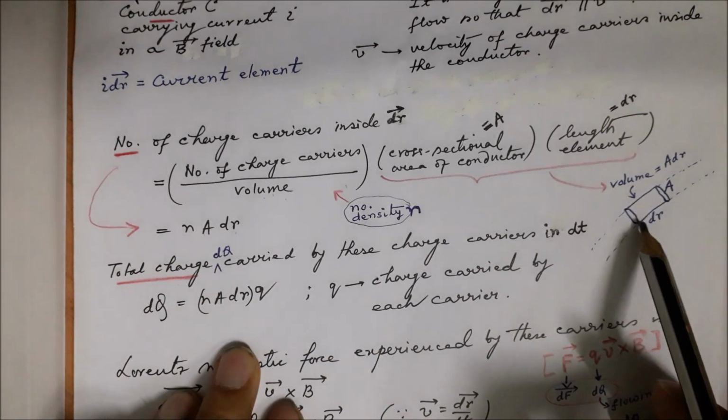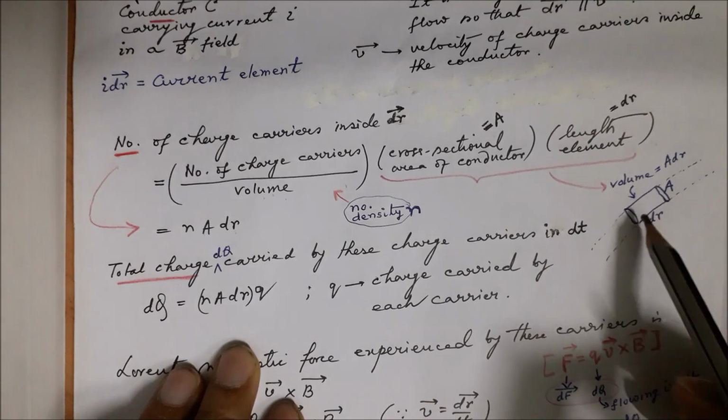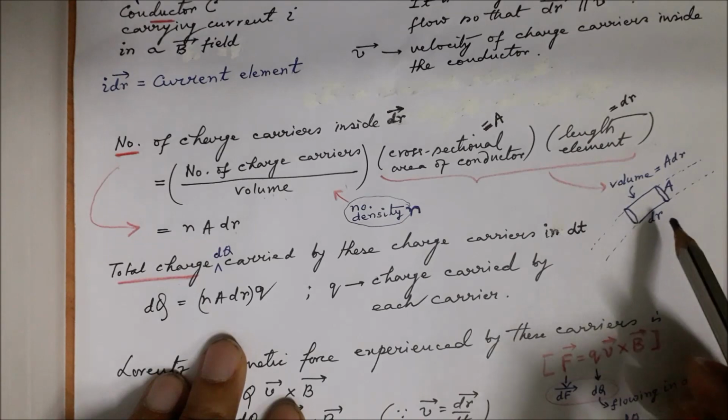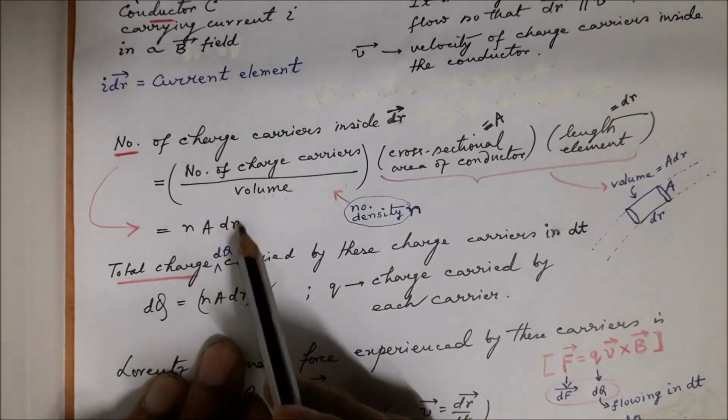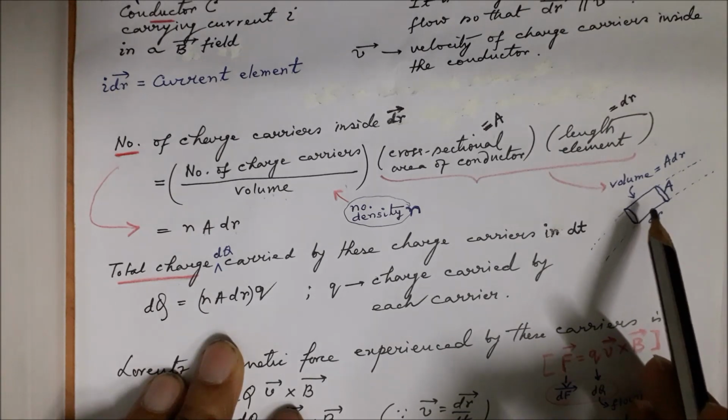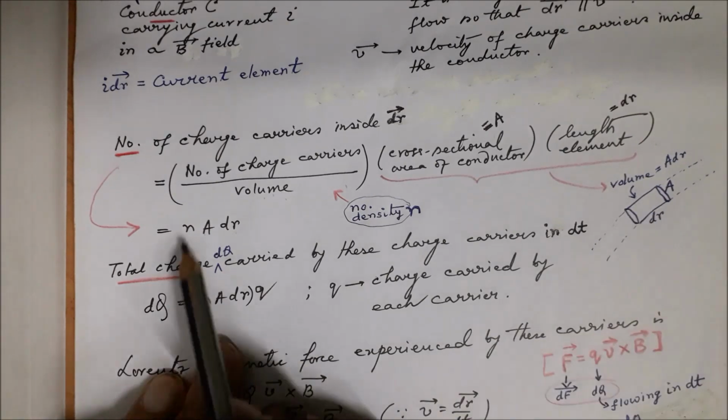And what is the charge that flows through this portion? That is the number of carriers within it multiplied by the charge each one carries. So the number is this one.